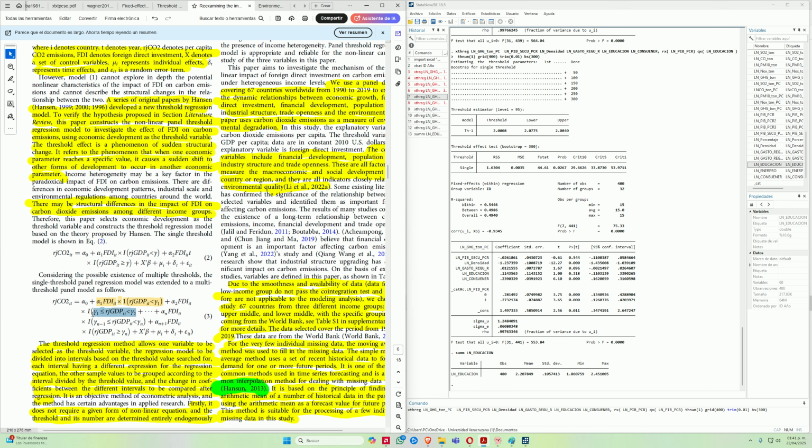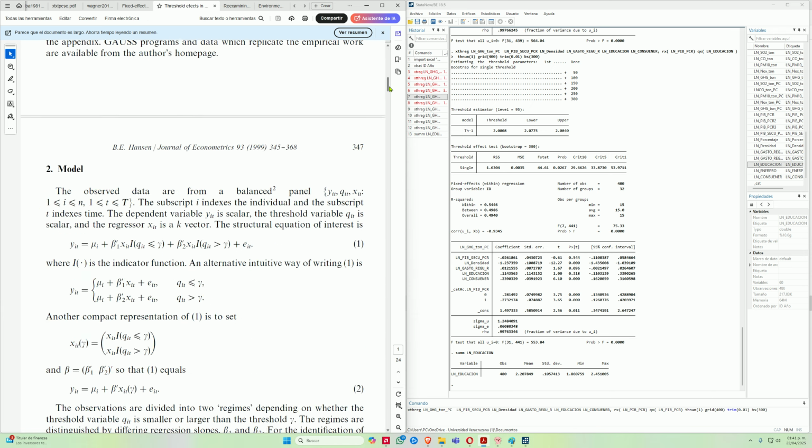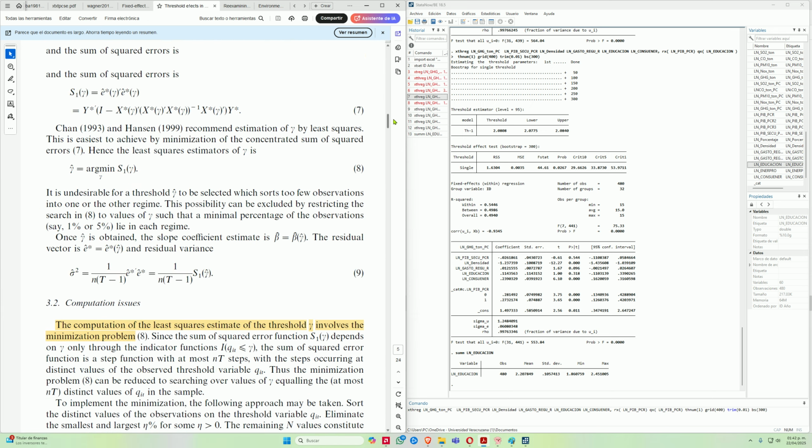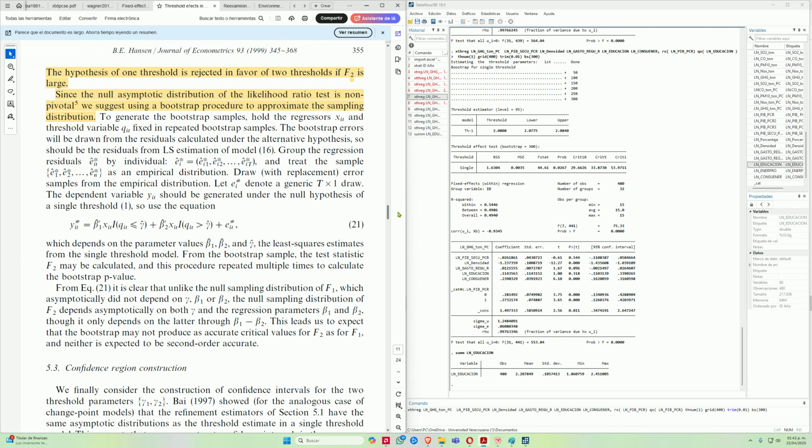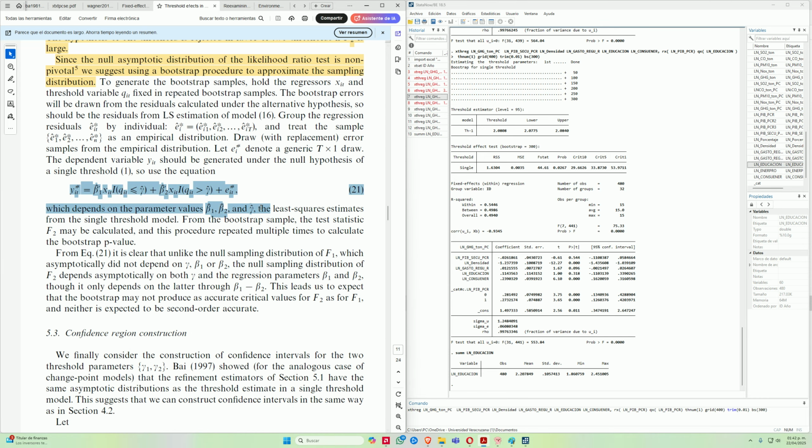Between the two values, the GDP is affecting it with another coefficient. That is one kind of threshold. The other type is basically the equation that Hansen developed.